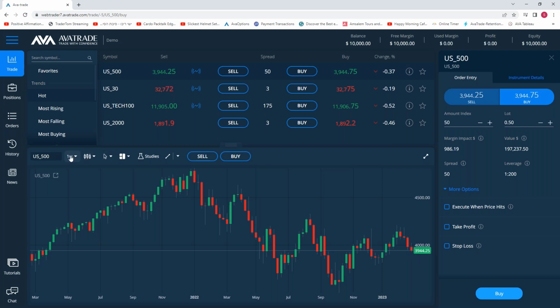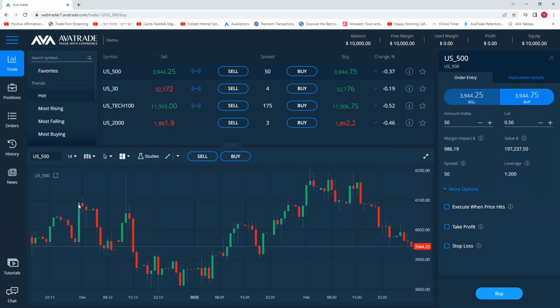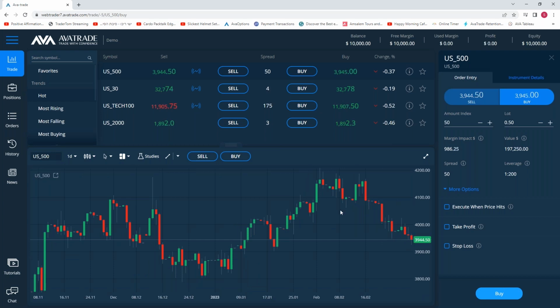And if you look at the daily chart, you can see that we keep on making lower lows and lower highs. There's a saying, the trend is your friend, and in this case, you want to stick to it as a trader.